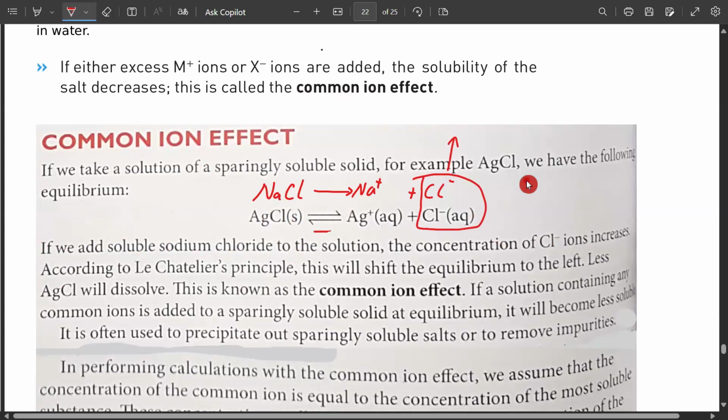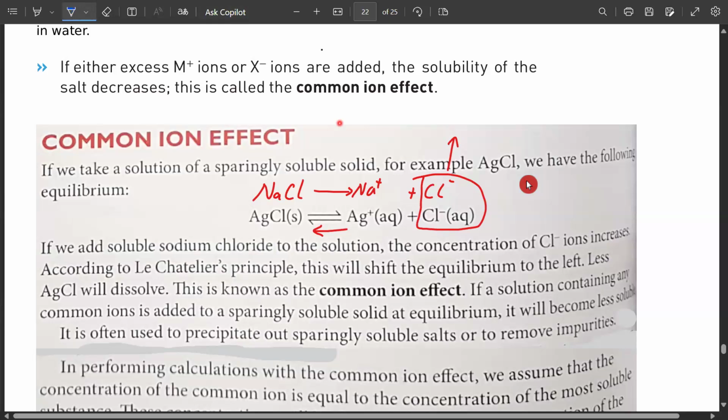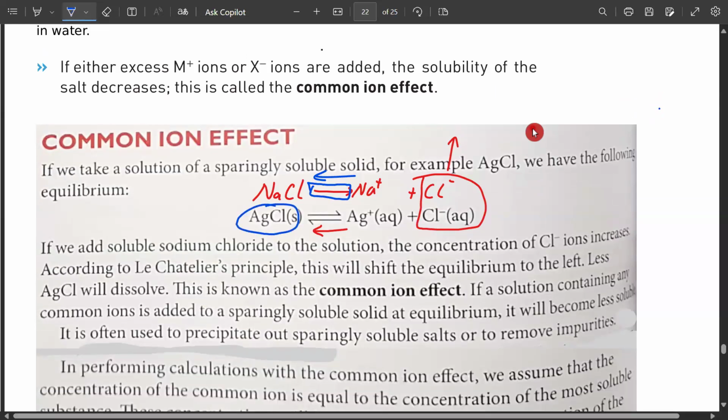It will definitely shift towards the back side for the AgCl. It cannot move to the back side for NaCl because it's already in the forward direction and does not have any equilibrium sign. So when it moves to the back side, it will form the AgCl again. That means the solubility of the AgCl has decreased and you are getting the precipitate out of it.